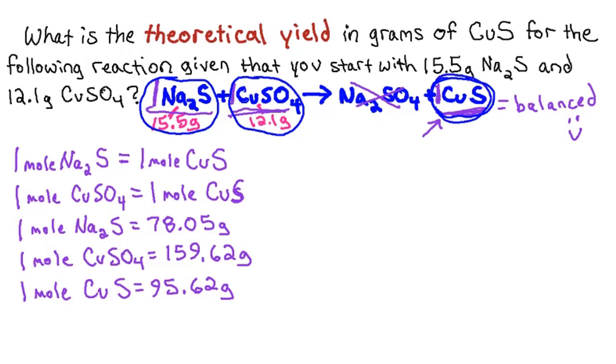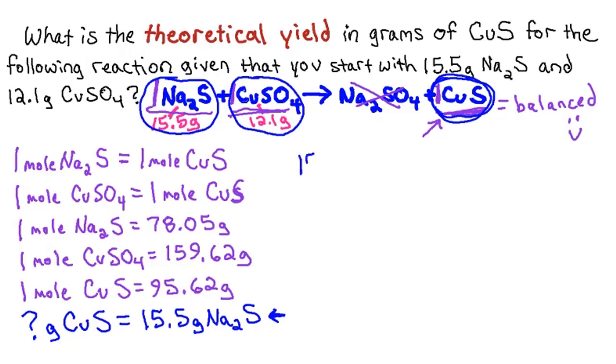So the first problem is going to be how many grams of CuS are we going to make with 15.5 grams of Na2S. So we start with the question mark statement, and we put down what we know, which is the 15.5 grams of Na2S.